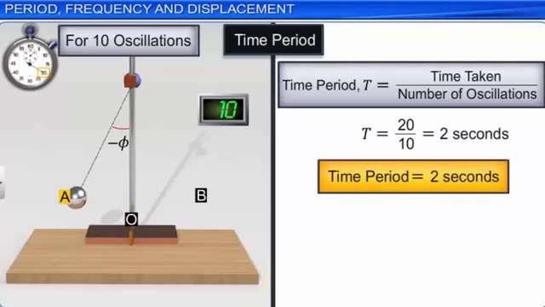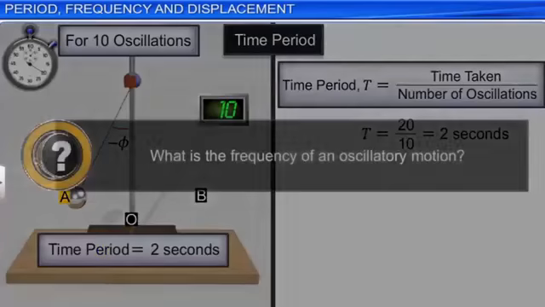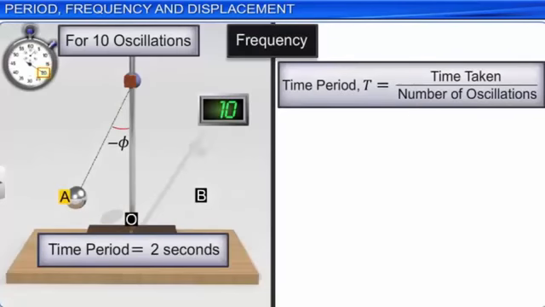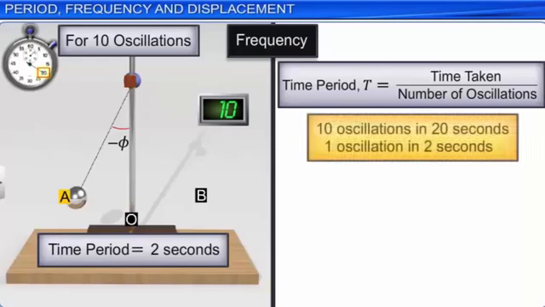What is the frequency of an oscillatory motion? The frequency of an oscillatory motion is the number of oscillations performed in a unit time, that is, 1 second. It is denoted by the letter n. In this case, the pendulum shown executes 10 oscillations in 20 seconds.